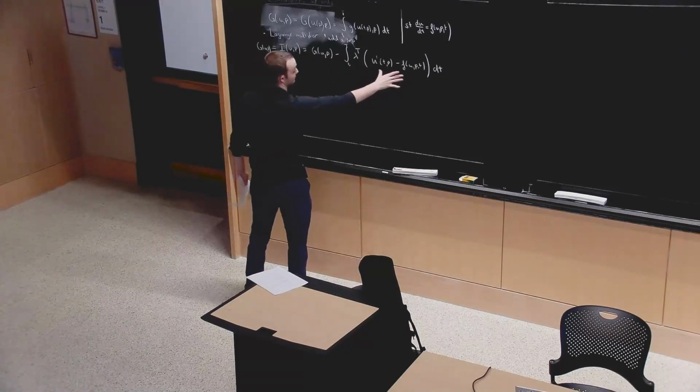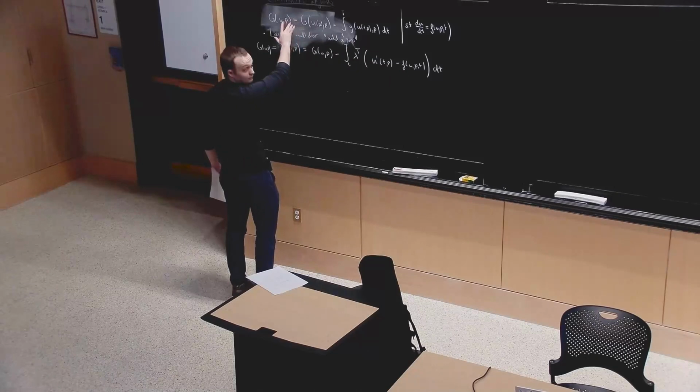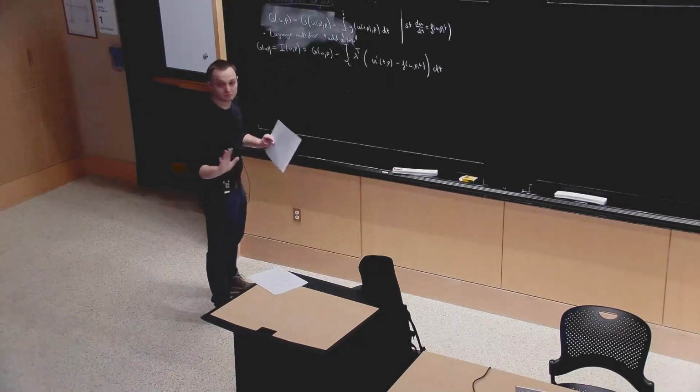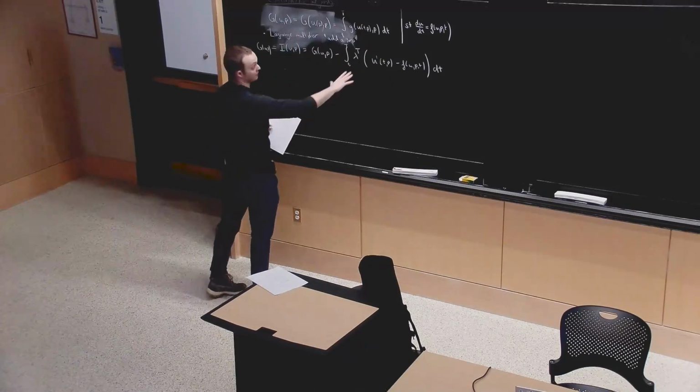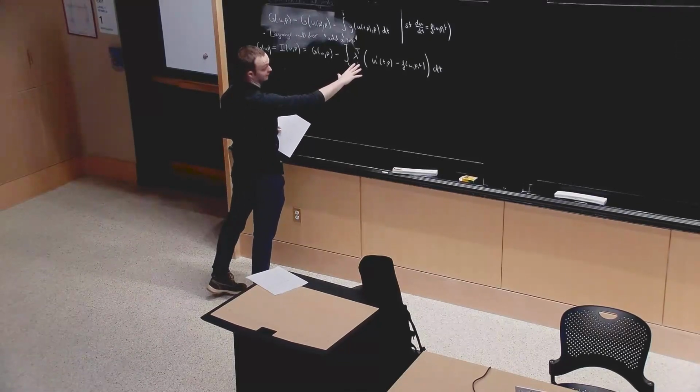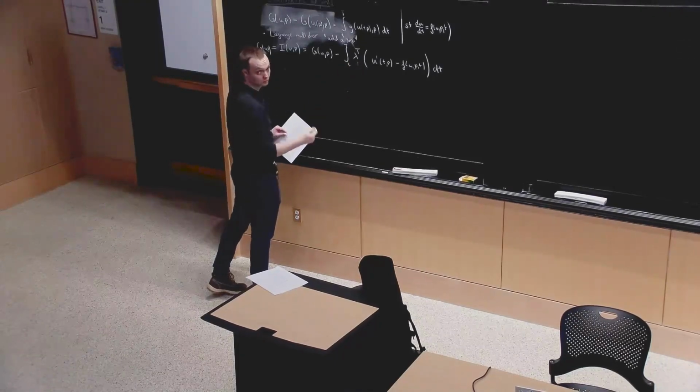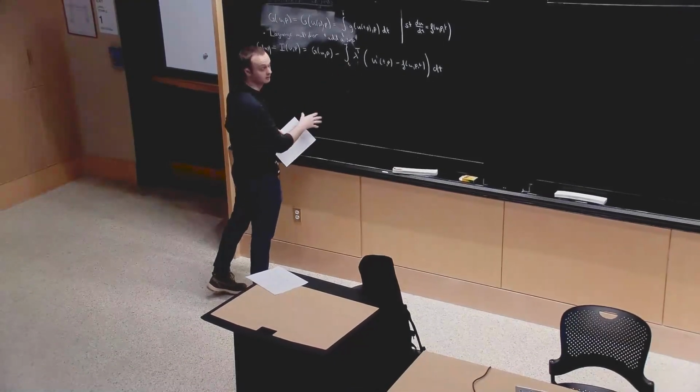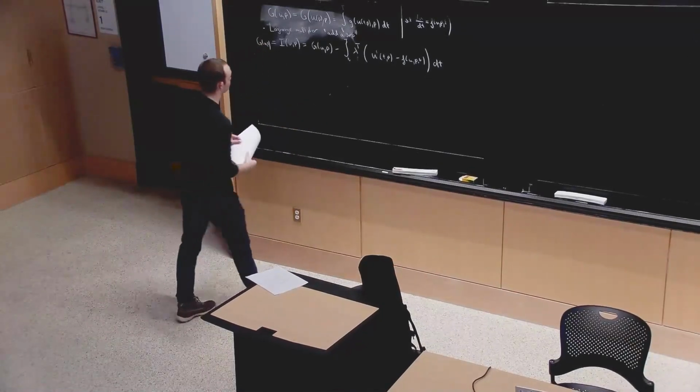So if we add that term to this cost function, we basically do nothing. But we have this free Lagrange multiplier that we can choose later on. So that will be the trick that we will play.